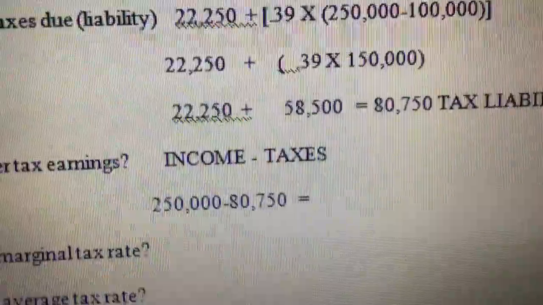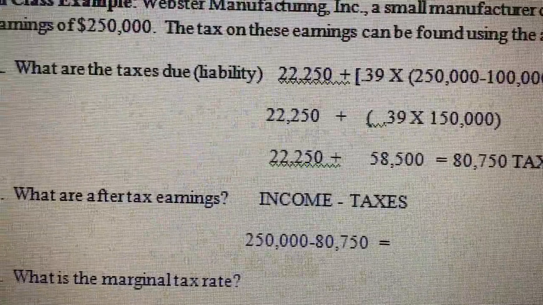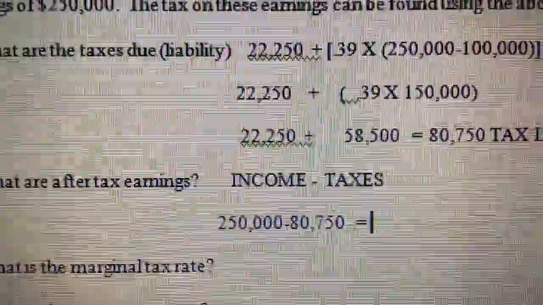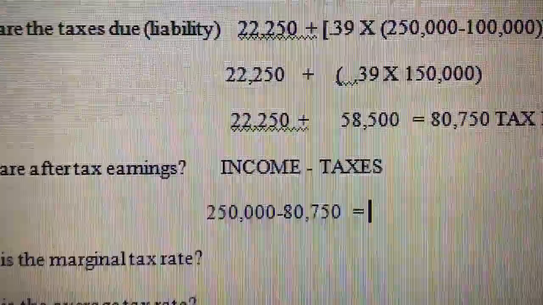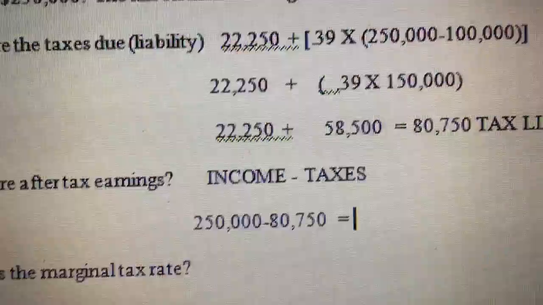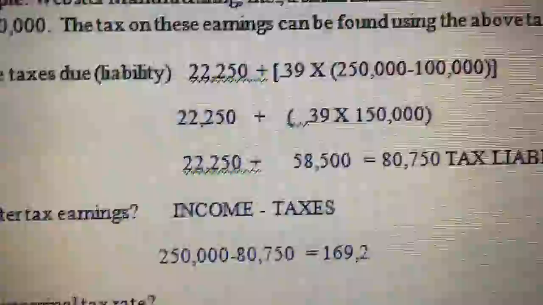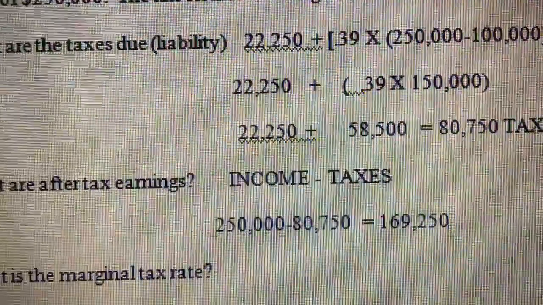So the answer to this part, what do you get to, if you were an individual, take home? If you're a company, you get to either invest it back in the corporation or pay dividends on it. $169,250 would be your after-tax earnings.